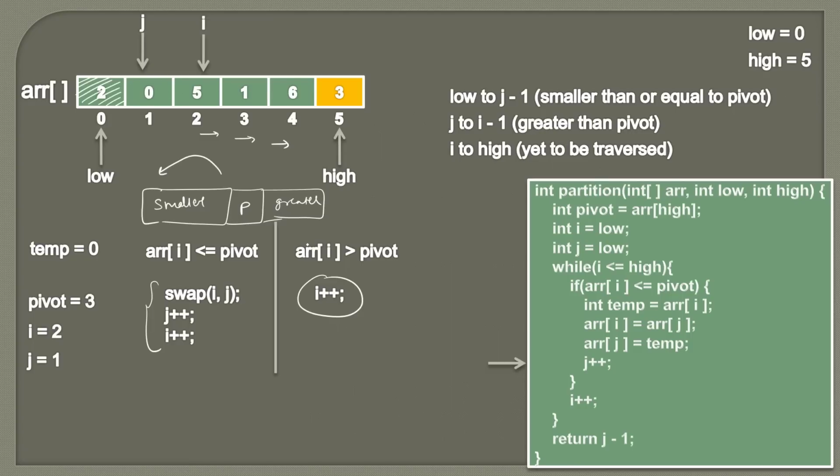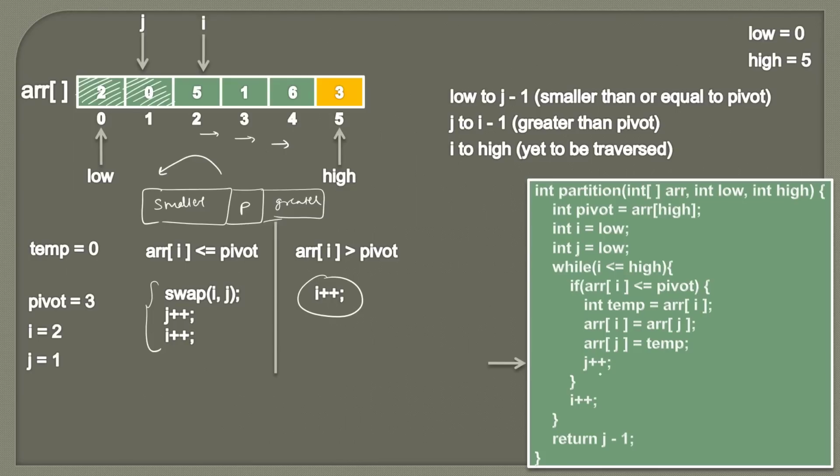Once this swap is done, we are taking a greater element and shifting it ahead, and creating one space here so that the elements lesser than pivot can come here. Therefore we do the swap. We throw whatever element is at the ith index to j and take its value. So this spot is filled now properly.